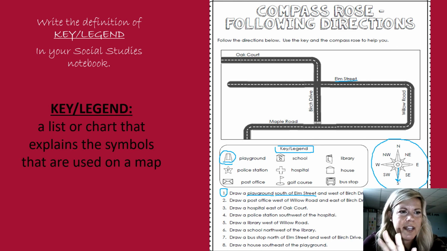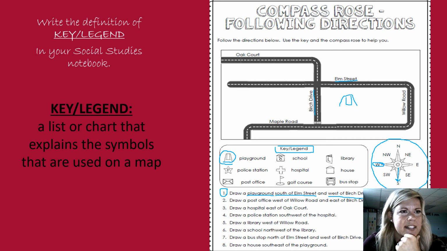I'm not going to draw it yet because there was a second part. It also said west of Birch Drive. So I want to make sure I am south of Elm Street, but west of Birch Drive. So I look at my compass rose. I see that west means I need to be over on the left side. So can I draw it over here?